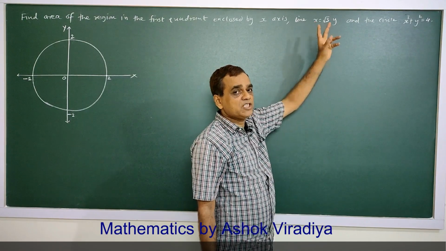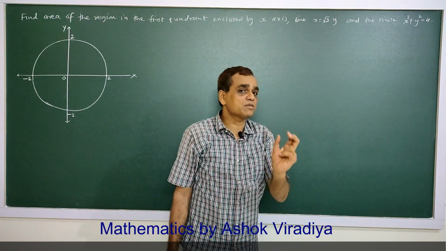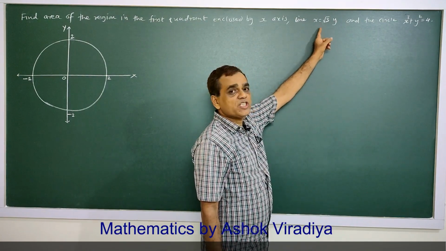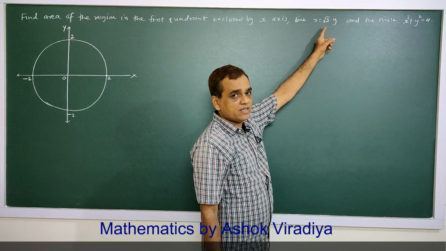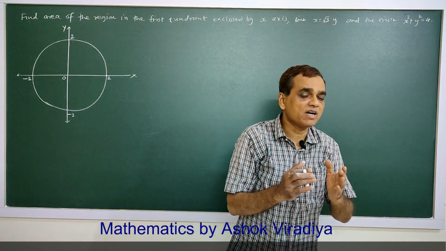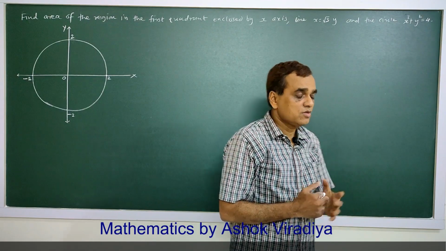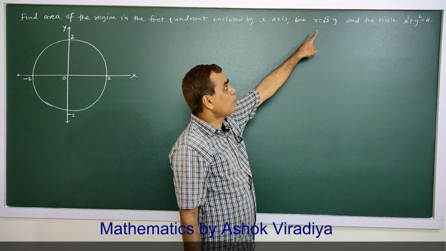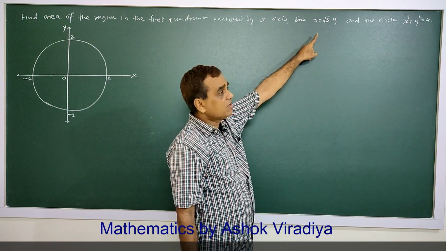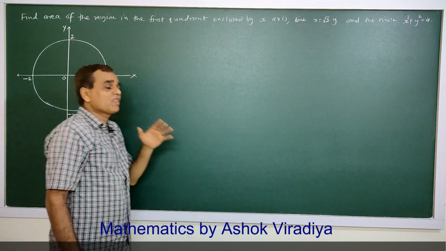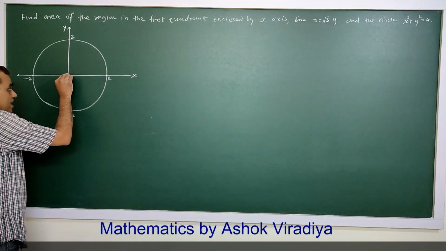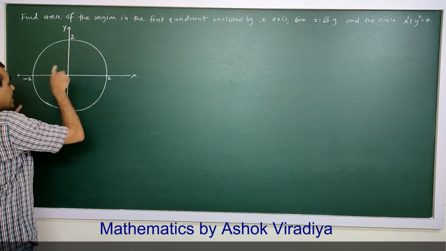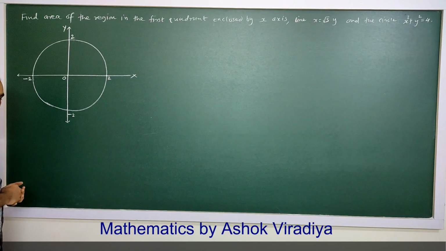Any line of the form ax plus by equal to 0, whose equation is free from a constant, passes through the origin. Because the slope is positive, it will intersect this circle in the first and third quadrant.